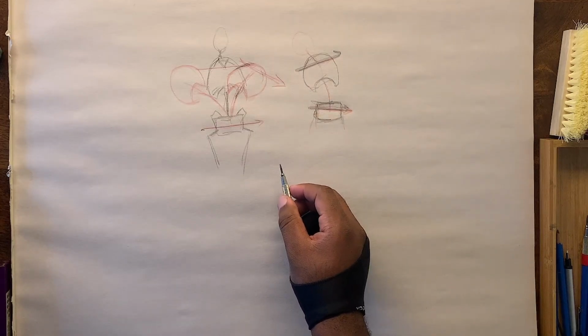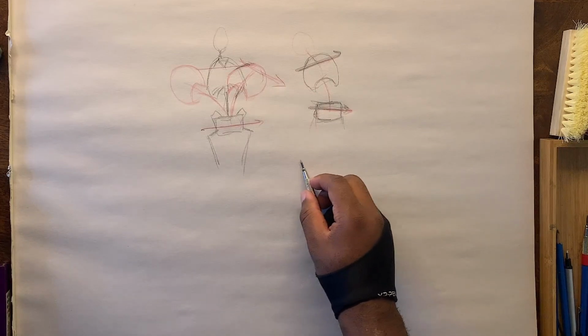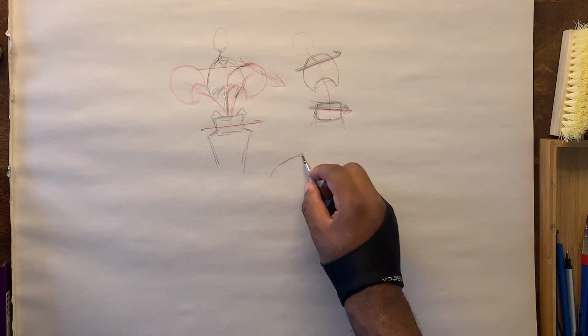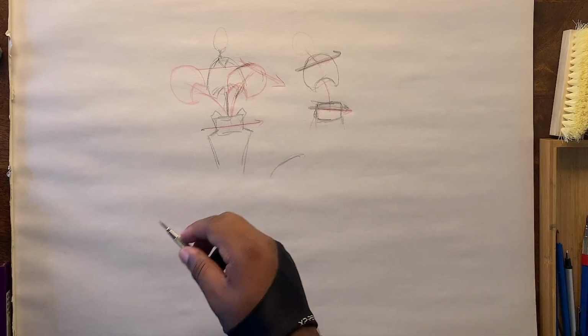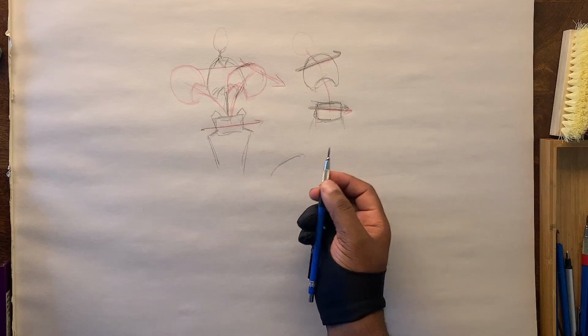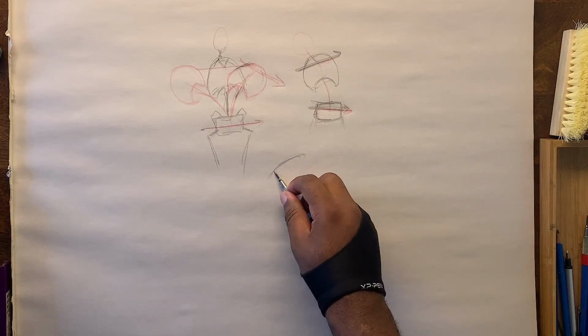Now, I want to go about doing this. Let me draw a quick torso. And really what I want to talk about is the concept of how I think about it. So let me draw you a quick torso real quick.